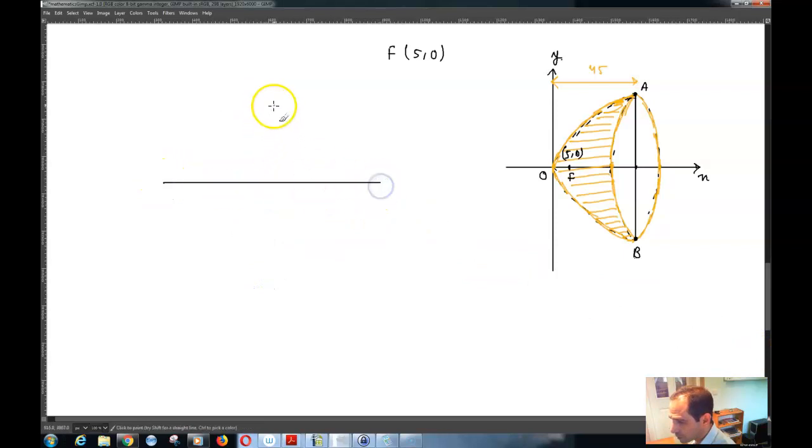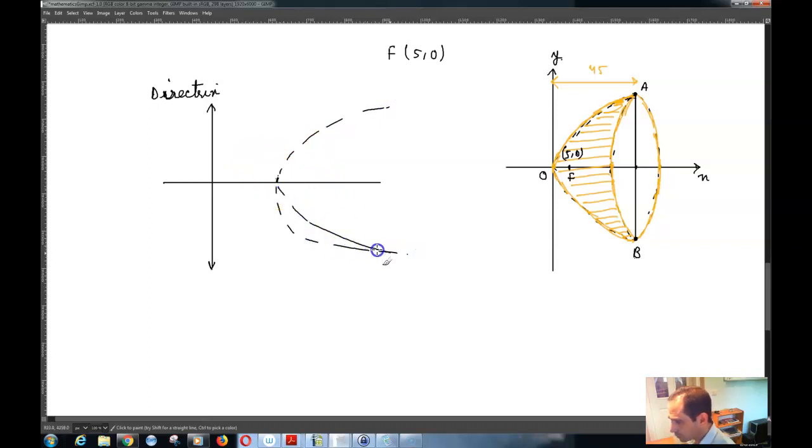You call it the system of the parabola. So you have a line over here which is called the directrix, and then over here you have your parabola itself.